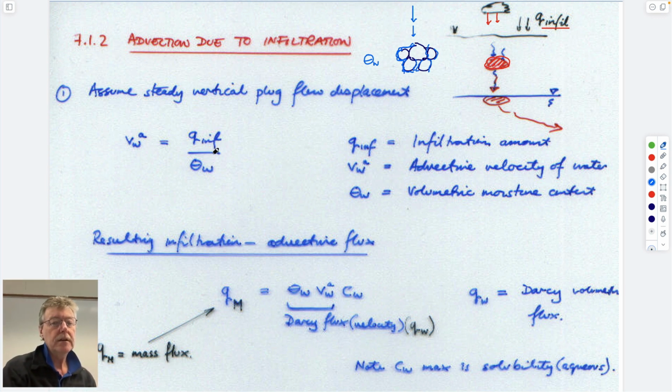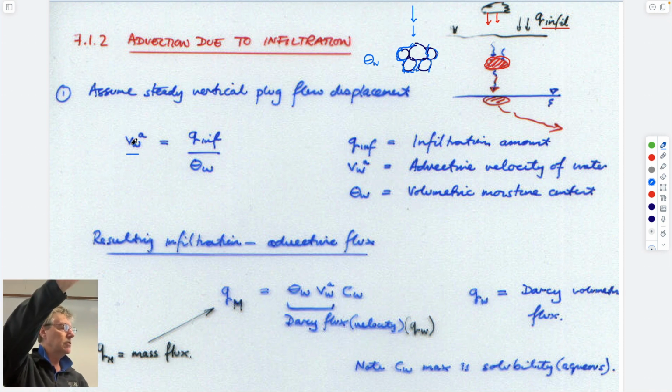And so if the water that's coming in as rainfall is only flowing in the cross-sectional area that's water-filled, then it's really defining a velocity that it goes from the surface to the subsurface, which is kind of an advective velocity just by going in the water. So if you divide the rainfall intensity, inches per day, centimeters per second, I guess meters per year would be a good value, by the volumetric moisture content, you get the actual velocity at which it's going in the subsurface.